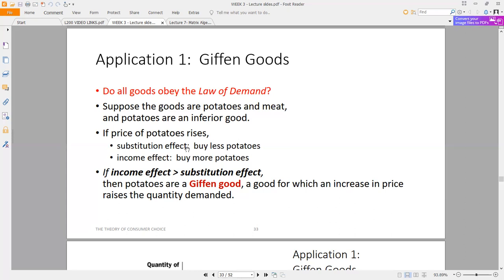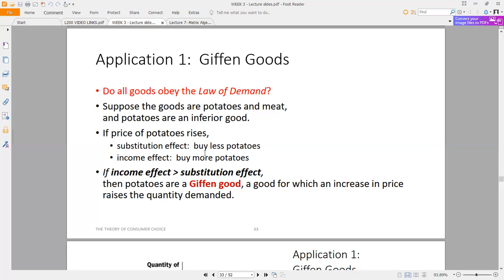So if the substitution effect is more than the income effect, then after the rise in price we'll buy less, and that will obey the law of demand. But what if the income effect, which is causing the individual to buy more potatoes, is more than the substitution effect, which is causing the individual to buy less after the rise in price?